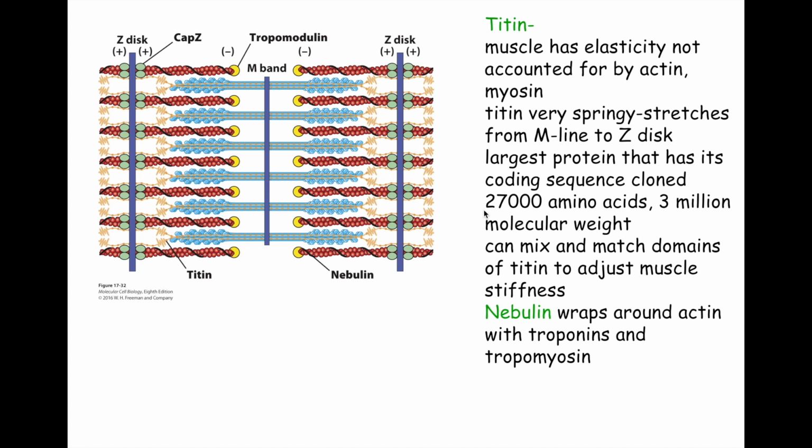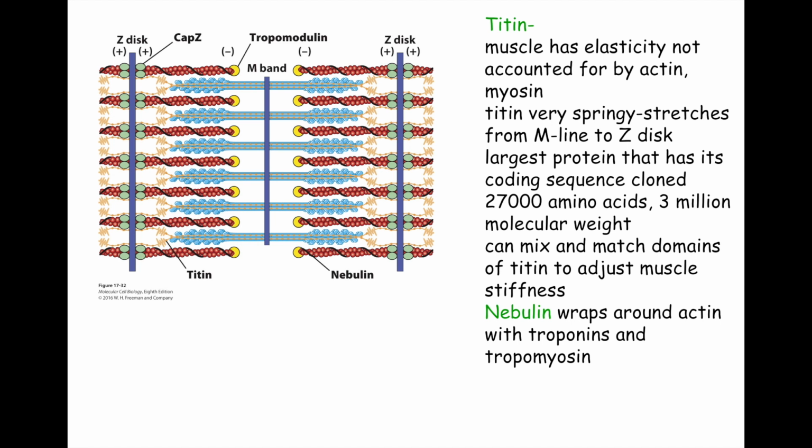It's a giant protein, 27,000 amino acids. Remember I said ryanodine receptors were big because they're 6,000 units times 4, so 24,000. This is even bigger. It has a molecular weight of 3 million. Myoglobin, for example, has a molecular weight of 16,000, so titin is a giant protein.